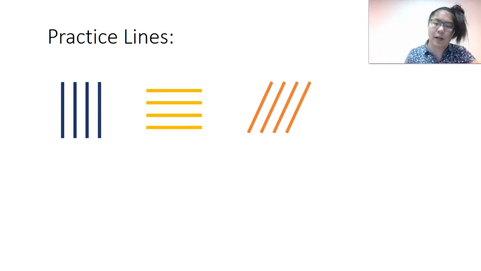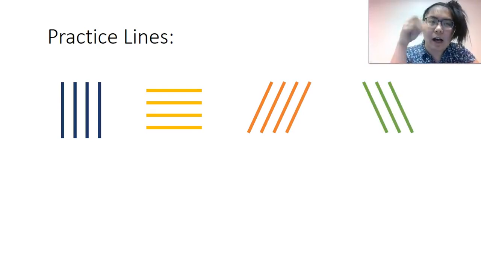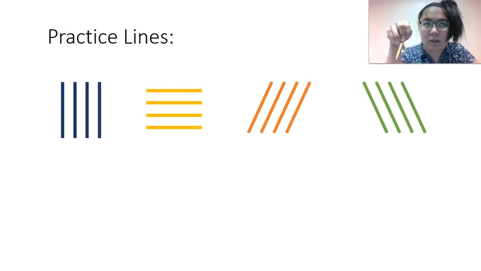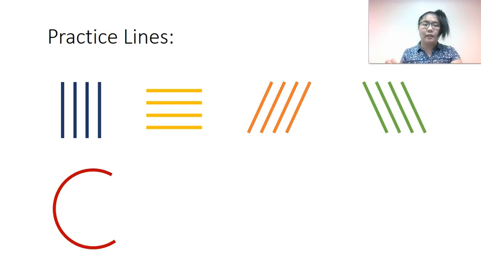We also want you to practice your diagonal lines. That means both diagonal up and toward and down and away, but then also going the other way. Now we haven't learned these words yet, but you can also start practicing your C curves. You see how this looks like the letter C? That's backwards for you. C as in cat.